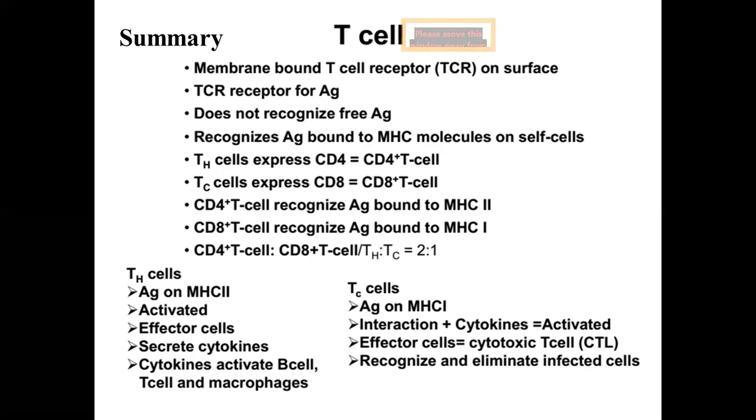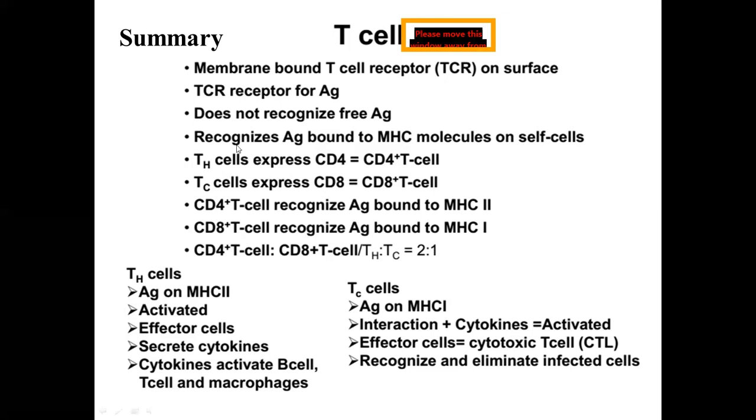After recognizing the antigen-MHC complex, the T cell gets activated. The activated T cells secrete various cytokines and growth factors, which in turn activate the B cell for activation and proliferation into memory B cells and plasma B cells. That way they work together.